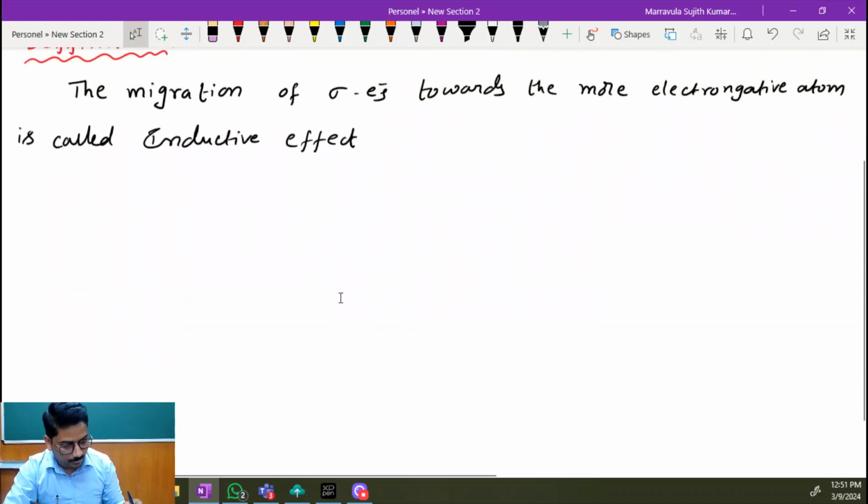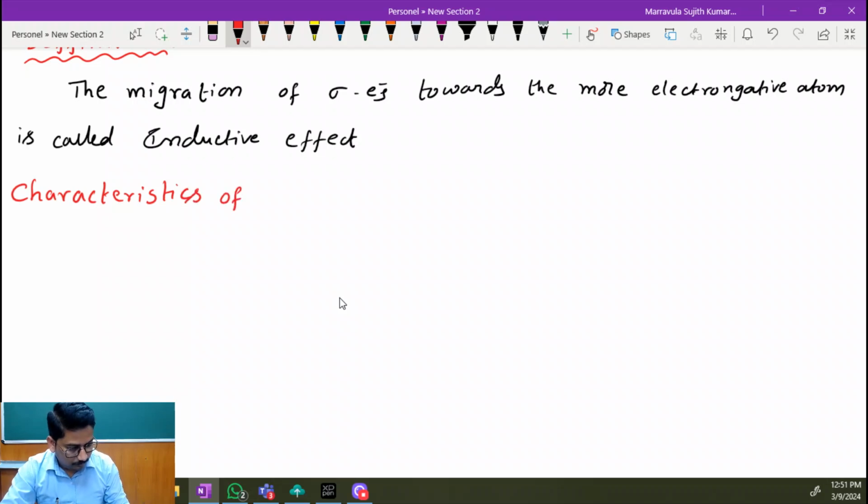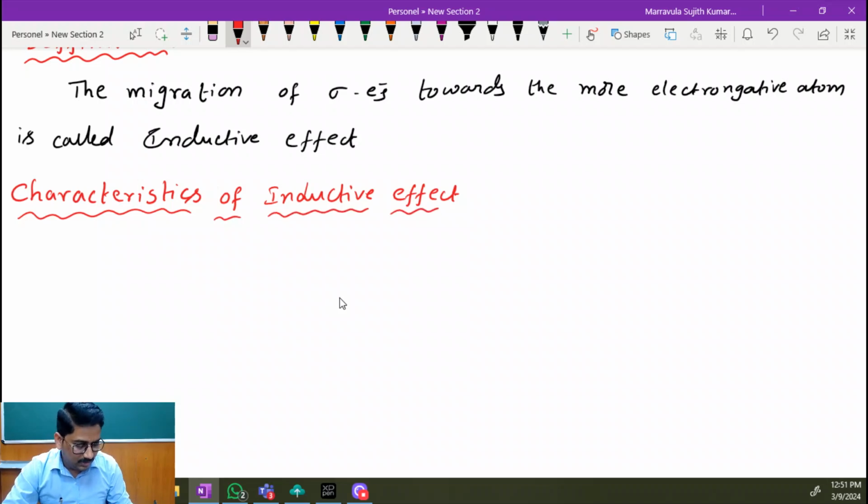So characteristics of inductive effect. Generally, we have some characteristics, what this type of effect is, and all we discuss.